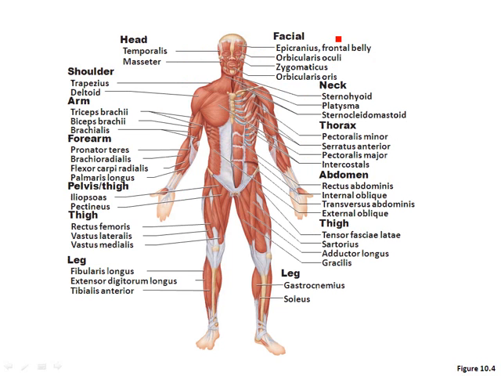Alright, one more thing I want to talk about before I name some muscles is the list of connective tissues that you have to know, and they are listed on your sheet. Before I move on to naming these muscles, you have to know the aponeurosis.